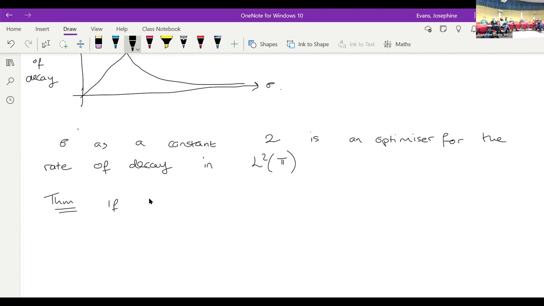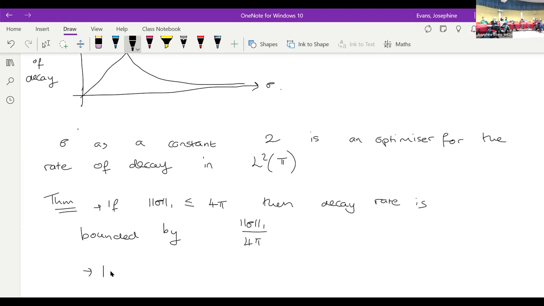But yeah, so we prove two bounds. If the L1 norm of sigma is less than 4 pi, then the decay rate is bounded by the L1 norm of sigma over 4 pi.